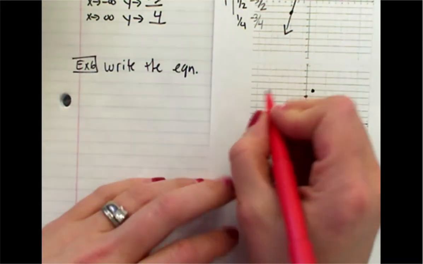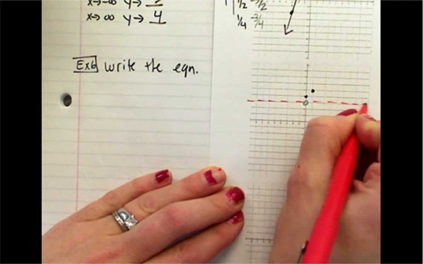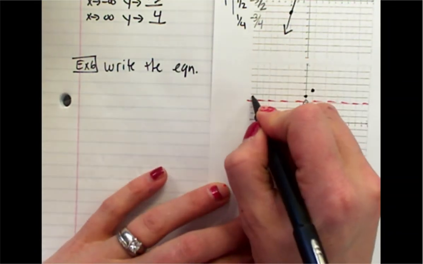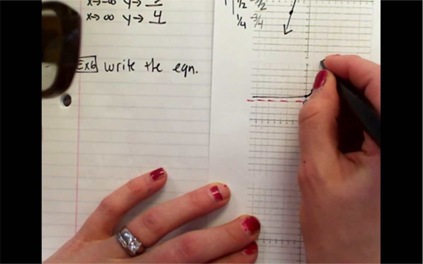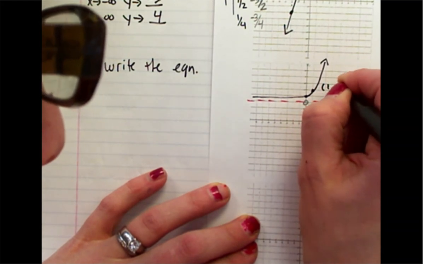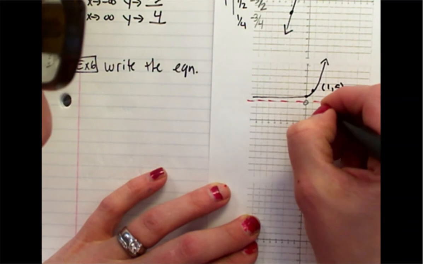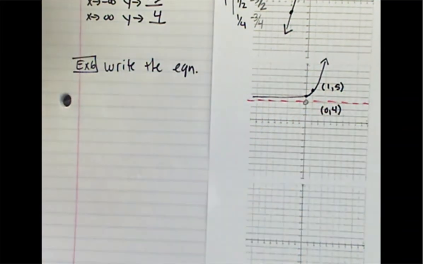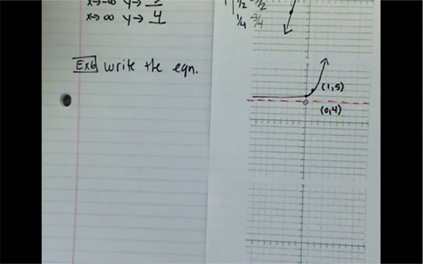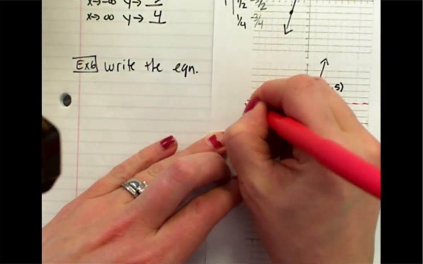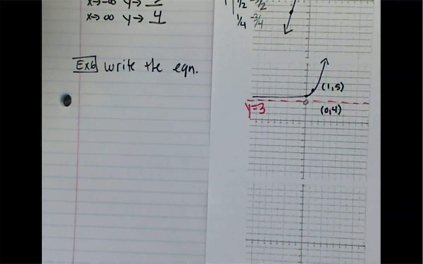And we're going to mark our asymptote here. Okay, those are the 2 points on the graph. I'm not even going to label the fraction point. 1, 5, and 0, 4. Good question. 3.